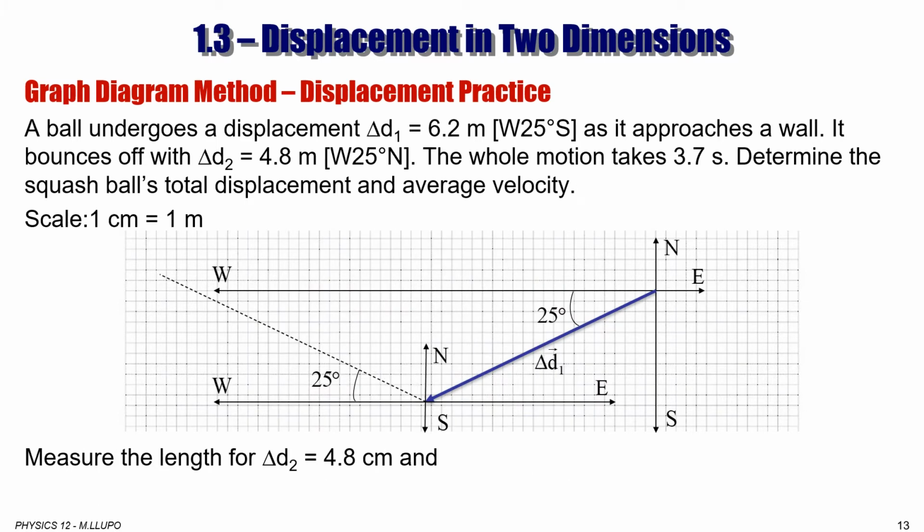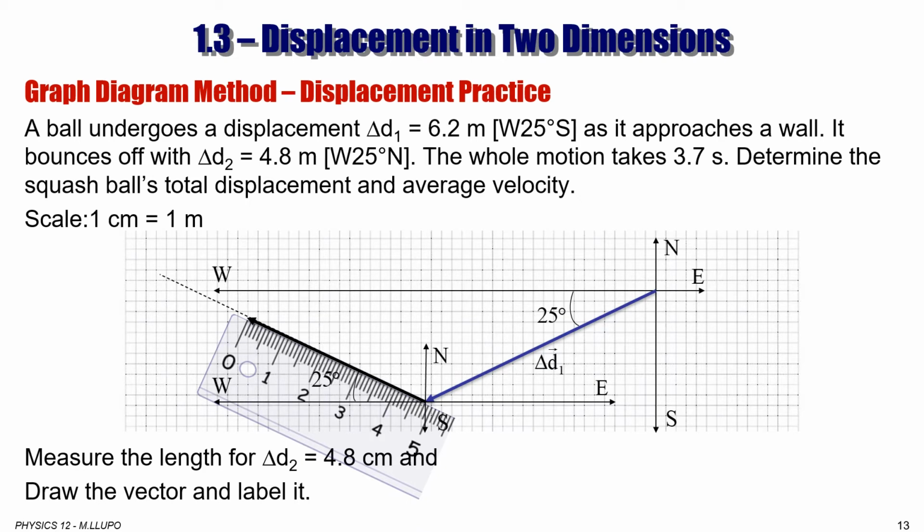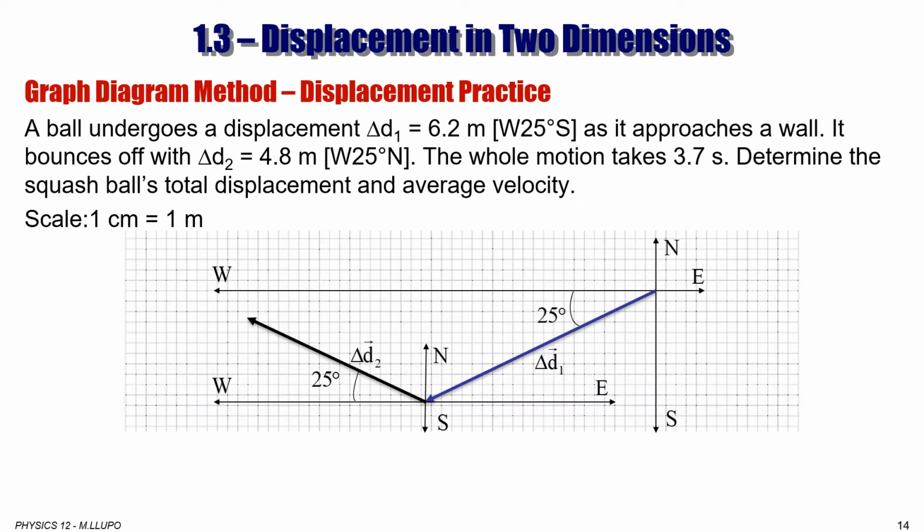Next step would be similar to what we did for displacement delta D1. You measure it, draw that vector, and label it. Now you are ready for the final step, which is the total displacement.